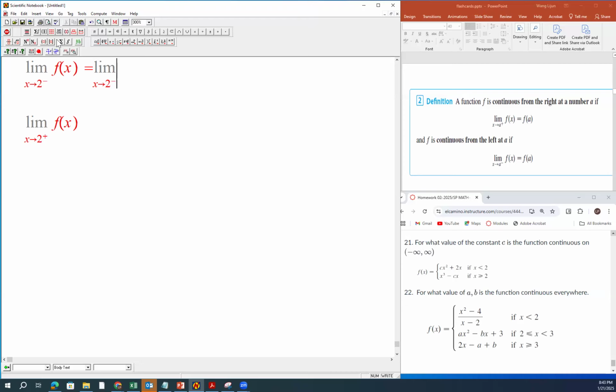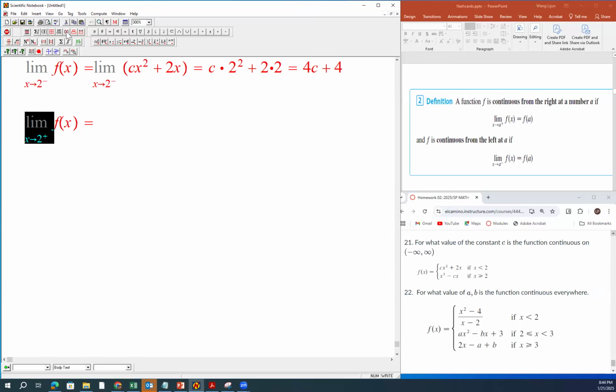That's cx squared plus 2x, a direct substitution. Replacing x by 2, what do we get? We get 4c plus 4. That's the limit from the left.